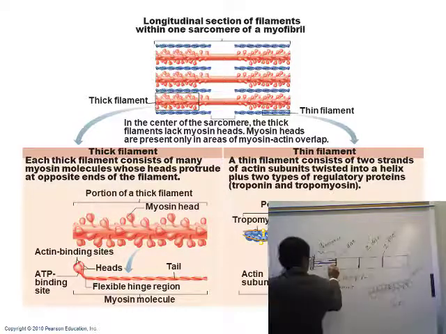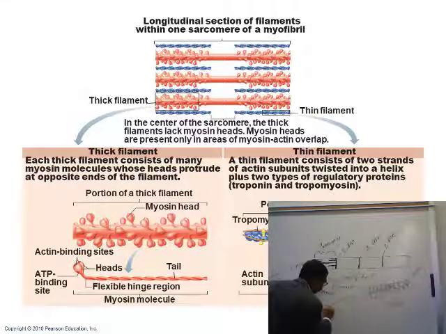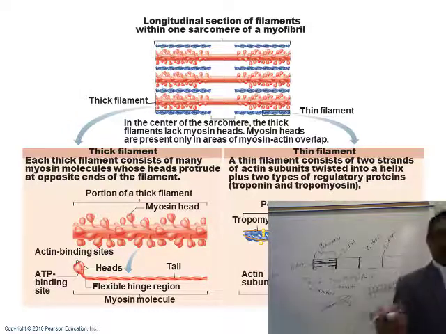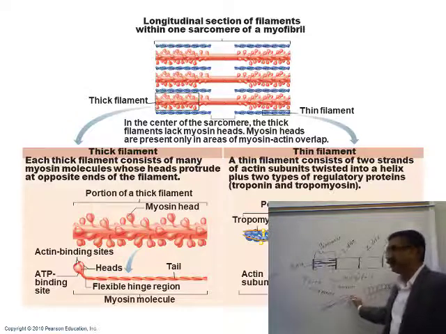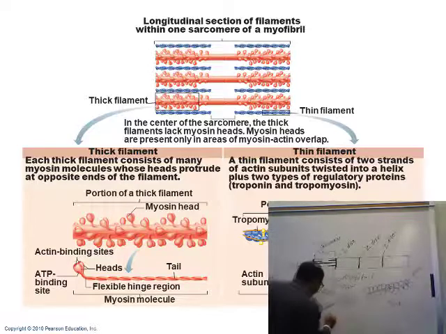Now, if you see a thick filament under a very powerful microscope, you'll see that the thick filament consists of many golf club-like structures like this. A bundle of golf club-like structures. You have seen golf clubs, right? So many golf club-like structures are bundled together to form what? The thick filament. So this is how the thick filament is.